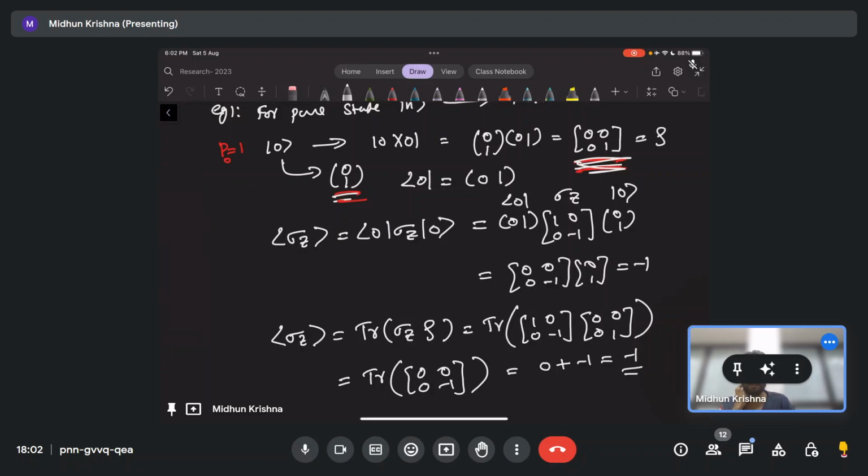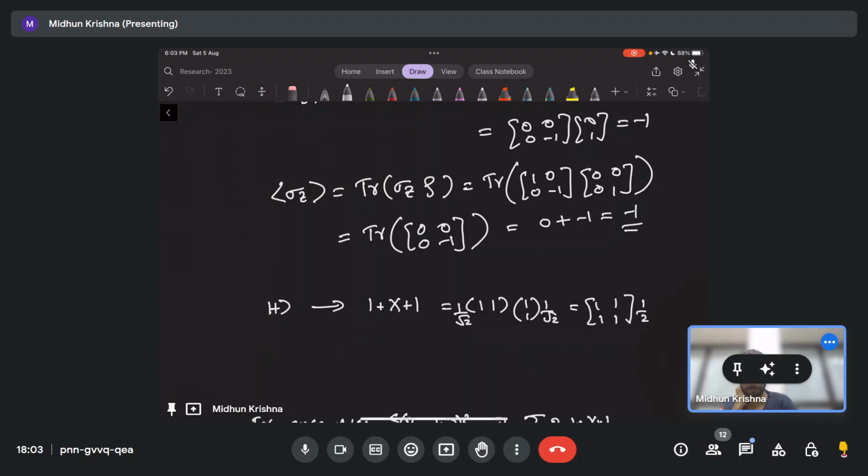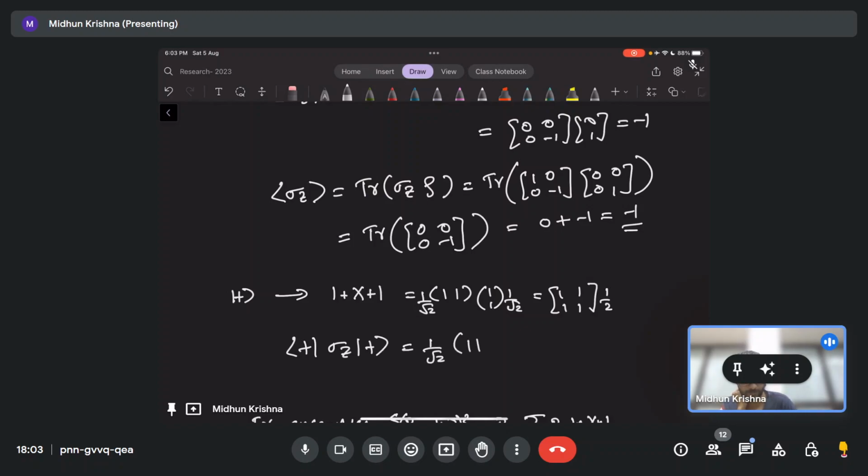For any arbitrary state and operators, I can do this. So for a pure state, it doesn't make much of a difference. Right? If I had the plus state, for instance, the density matrix would look like this. Again, if I compute plus sigma z plus, this will be 1 by root 2, 1, 1, 1, 0, 0, minus 1, 1, 1, 1 by root 2.